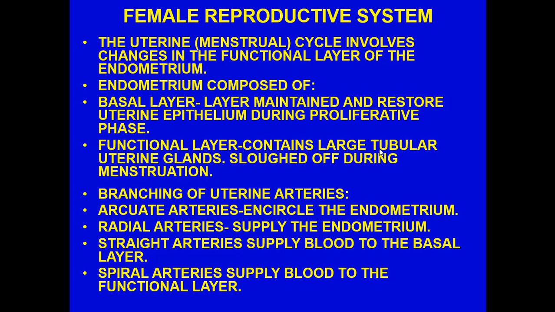So it's almost as if to say, no matter what changes occur, the basal layer is still there. It's the functional layer that contains large tubular uterine glands. It's going to have an array of arteries also going through it. This layer is sloughed off during menstruation.